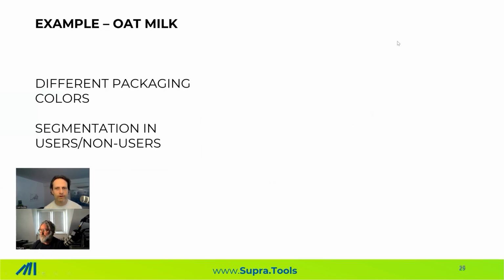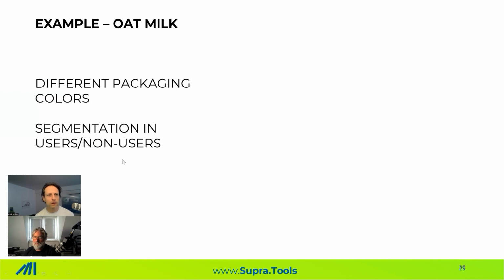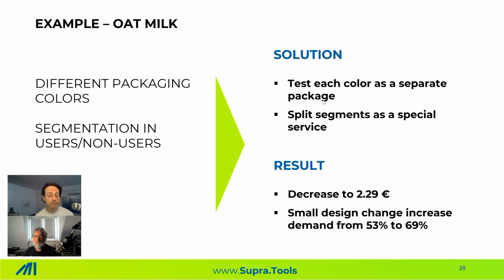Example of veggie milk. There was a new veggie milk, an oat milk competitor, and they had simply different packaging colors and packaging designs. Now they also wanted to see how the willingness to pay differs by brand users and non-users. Basically, we set up a different test for each packaging design because the design is a part of the product, like the pricing model is a part of the product, right?